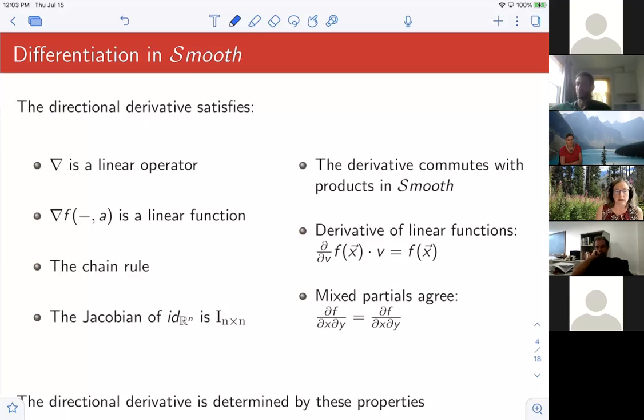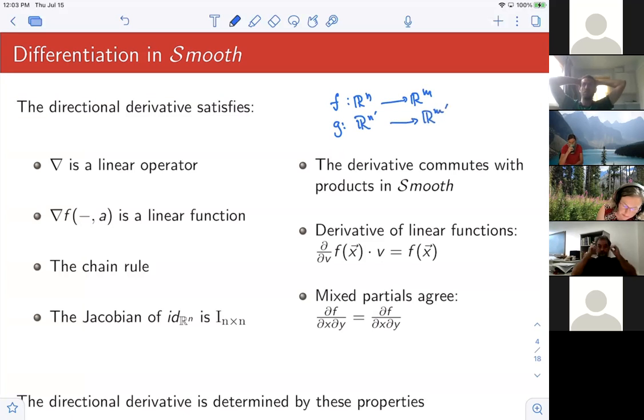Derivatives commute with products. So this is not the product rule that we teach in Calculus 1, but rather, if I have two functions, f from R^n to R^m and g from, say, R^n' to R^m', then the derivative commutes with whatever you want to denote the new function f×g that goes from R^n cross R^n' to R^m cross R^m'.